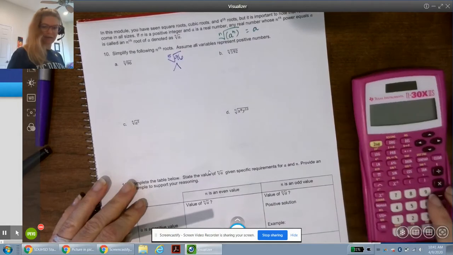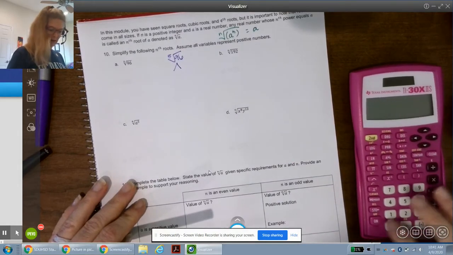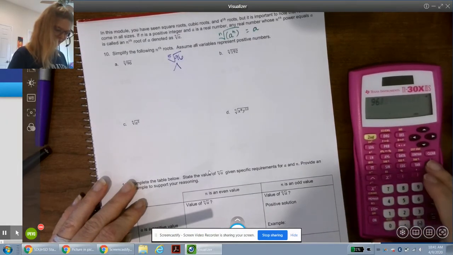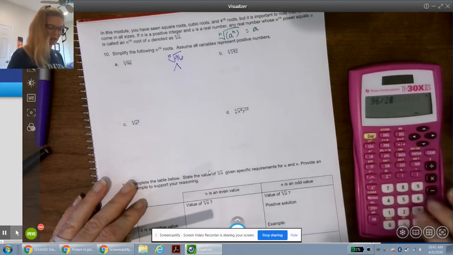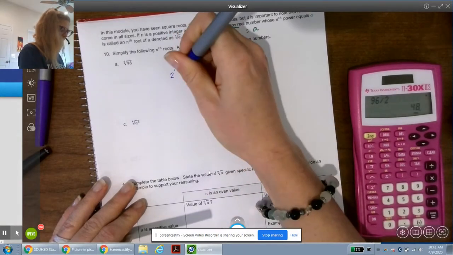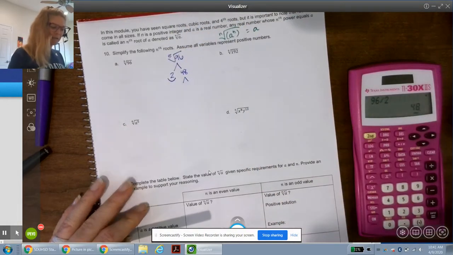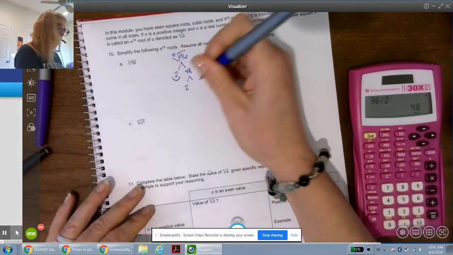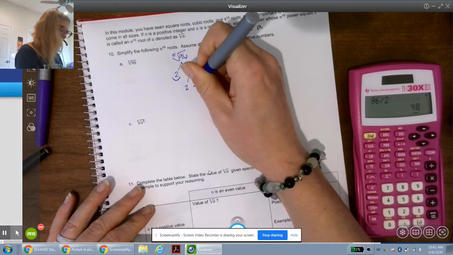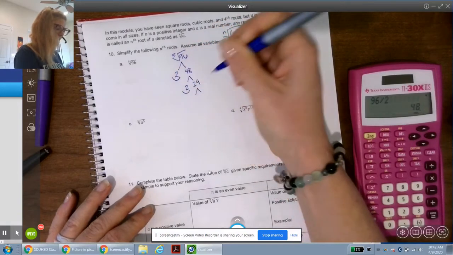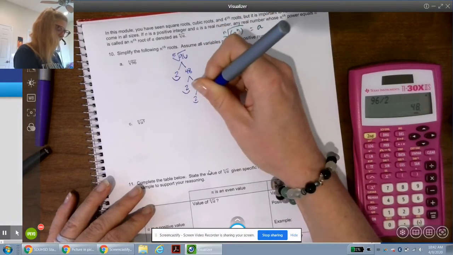So let's take a look. 96. The first number I think about going into 96 is, it's even, so 2. So 2 and 48. I'm going to stop at 2. And then 48, well, half of 48 is 24. And half of 24 is 12.